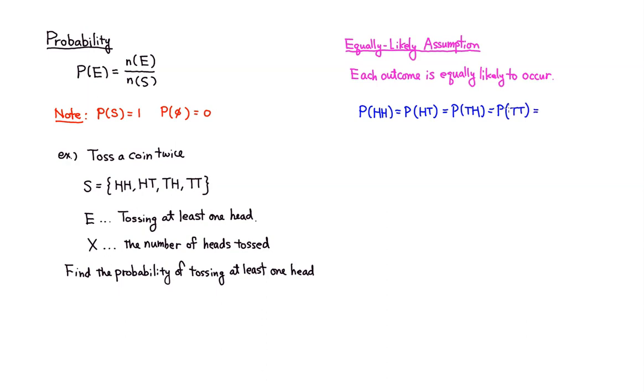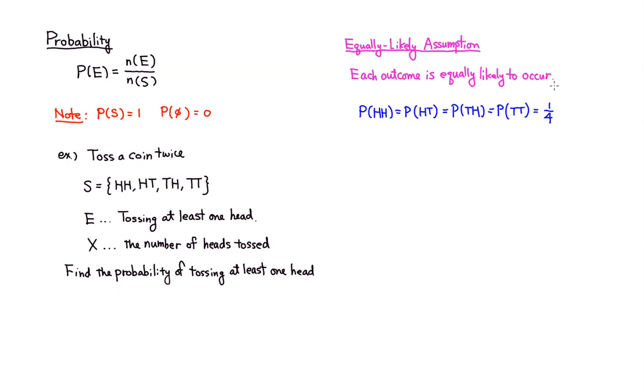It's just 1 out of 4 possibilities, so the probability is 1/4. This assumption is there: each outcome is equally likely to occur. Then we can talk about probability here.